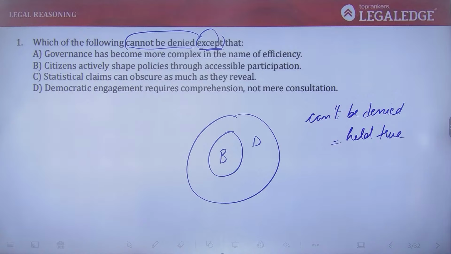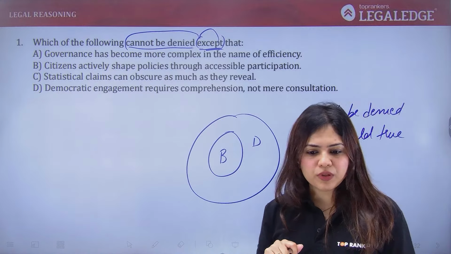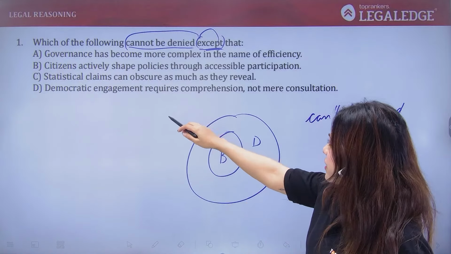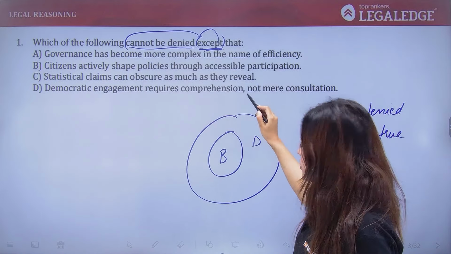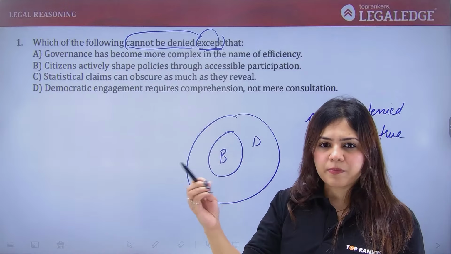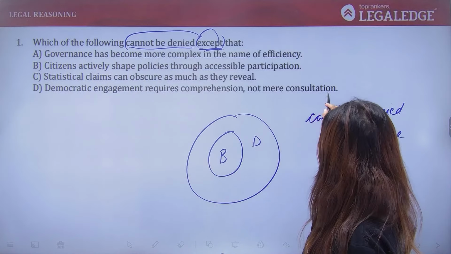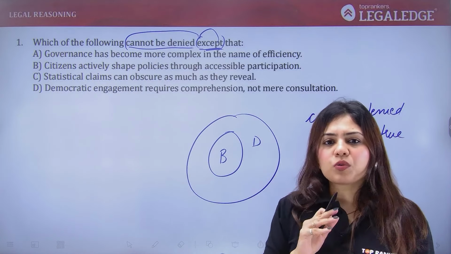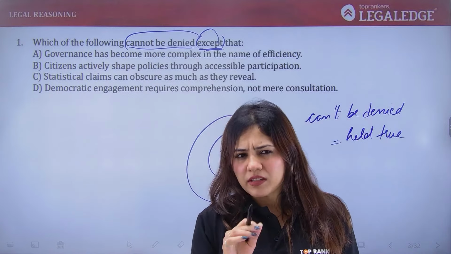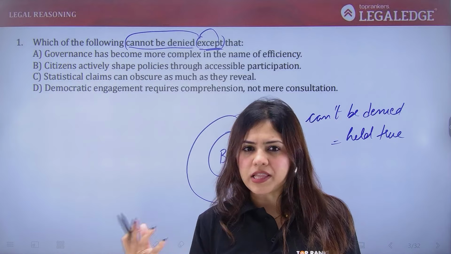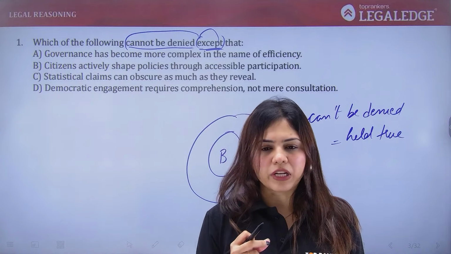So, what do you think should be the answer? Let's first talk about option D, which most people chose. Democratic engagement requires comprehension, not mere consultation. This is actually given in the passage, and I do not deny it as the right answer. But the thing is, do we have a better option than this? That is something that you need to understand.